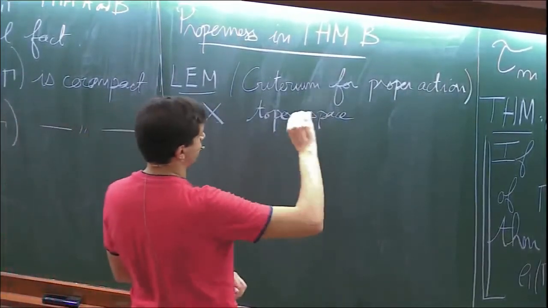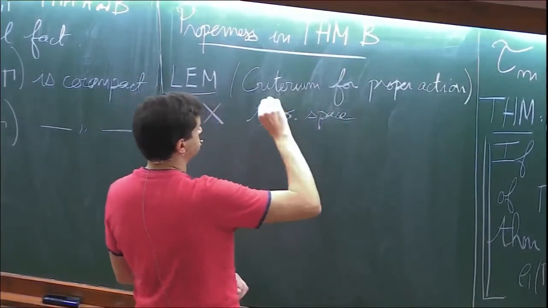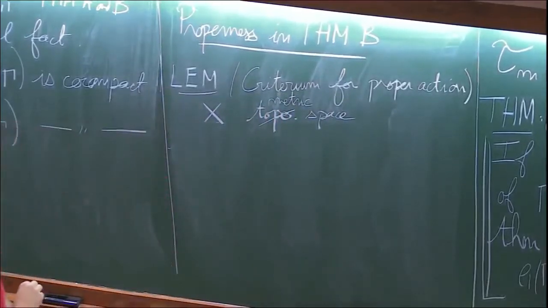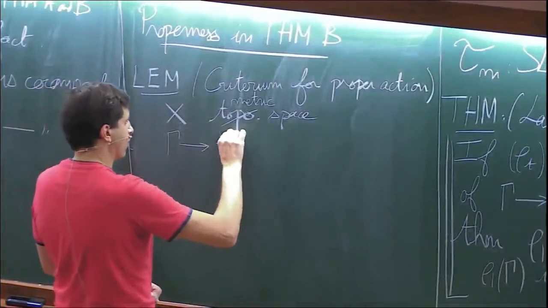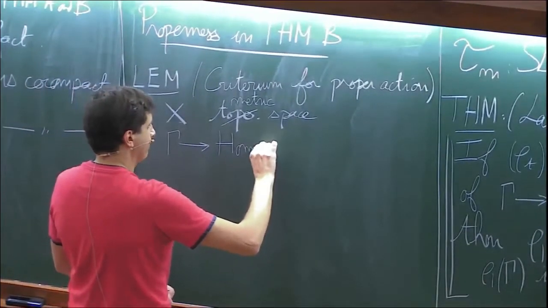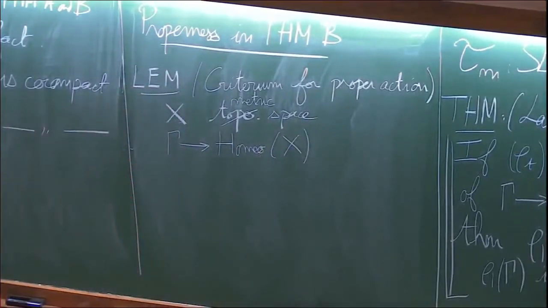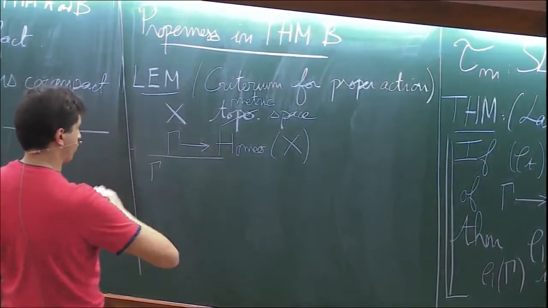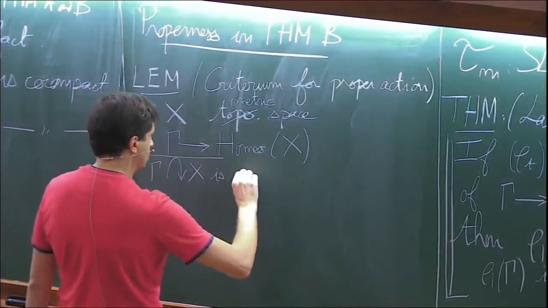Maybe I should say a metric space, I think this is safer. I have a group gamma that acts by homeomorphisms on X, and we have an equivalence with the fact that the action of gamma on X is properly discontinuous.